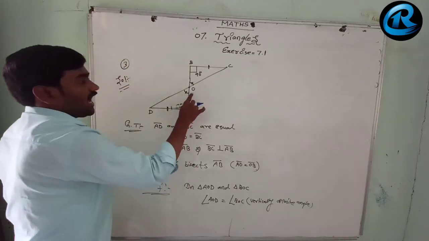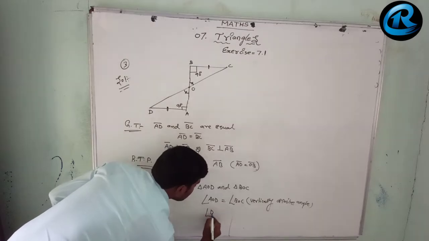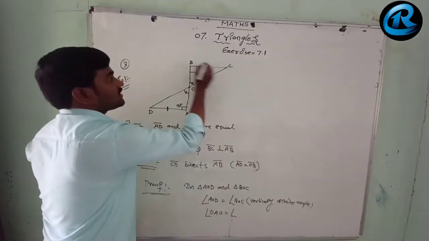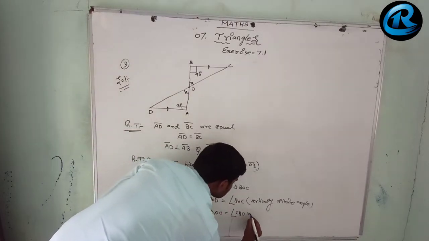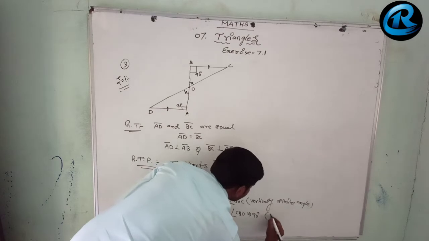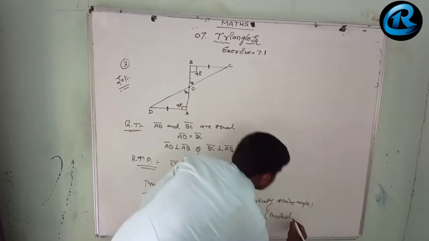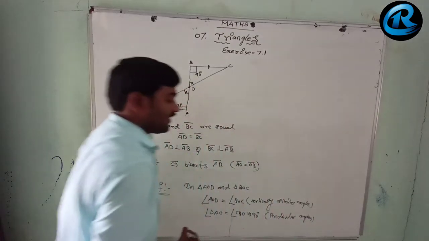So angle DAO is equal to angle CBO, equal to 90 degrees. That means they are perpendicular angles.